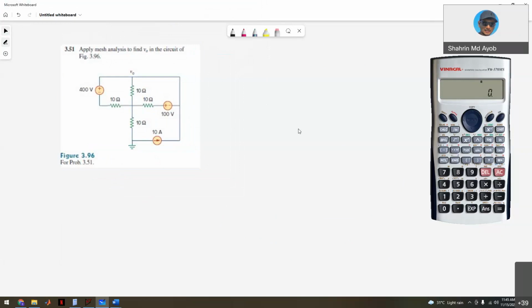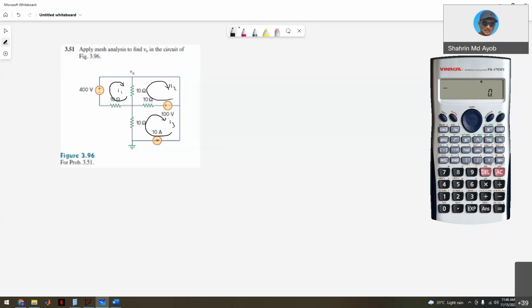So, mesh analysis. I assume this one just to trigger the idea of mesh analysis. So this is my I1, this one is I2, and this one I3.